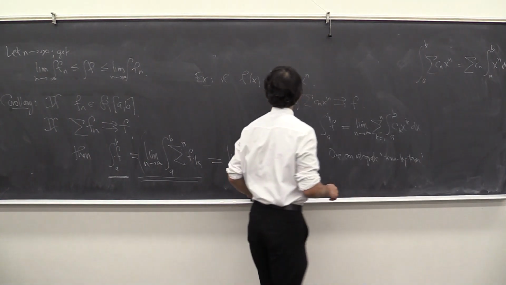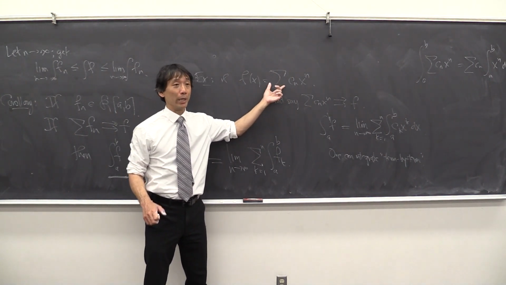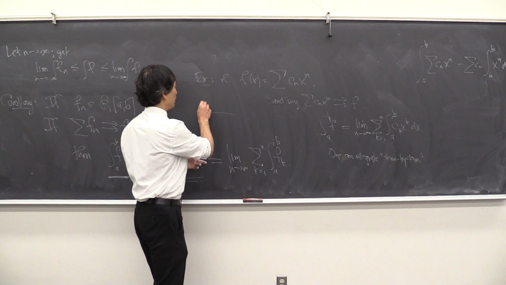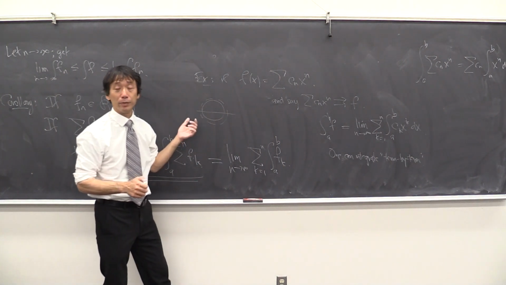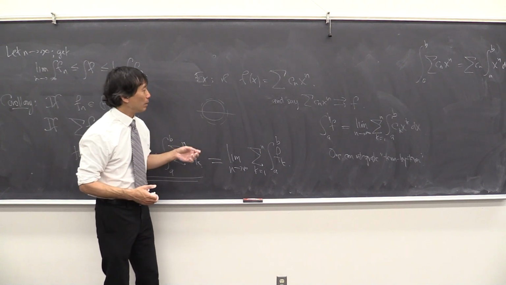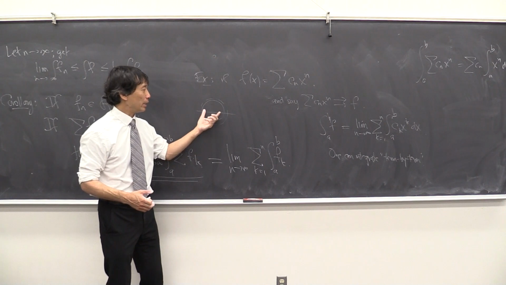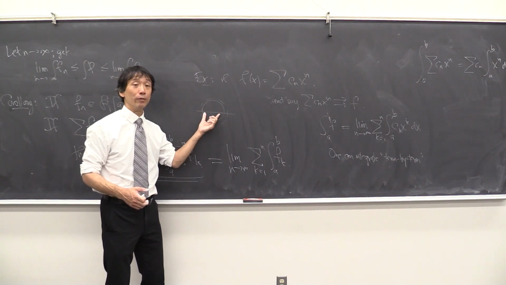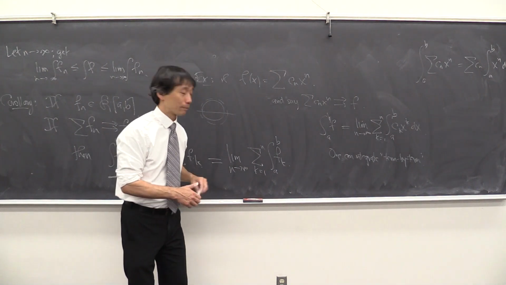Because what you'll see is that power series always converge uniformly within a smaller disk than their radius of convergence. In any smaller disk, you're guaranteed uniform convergence, and so you can do term by term integration.